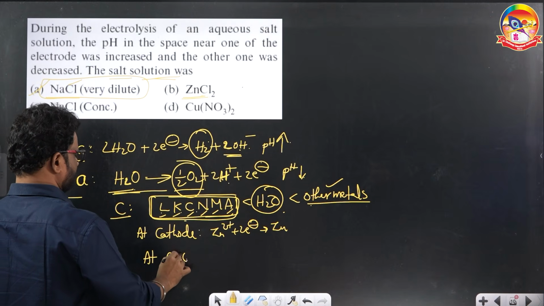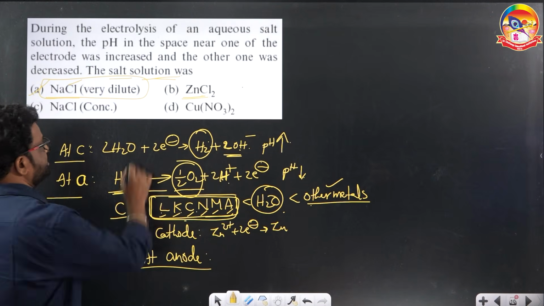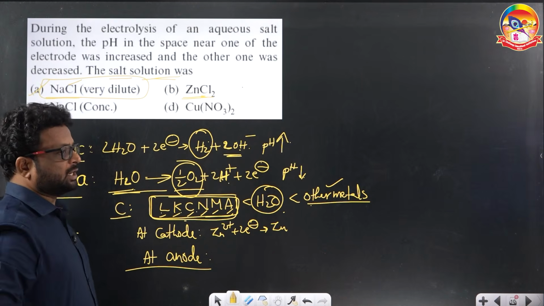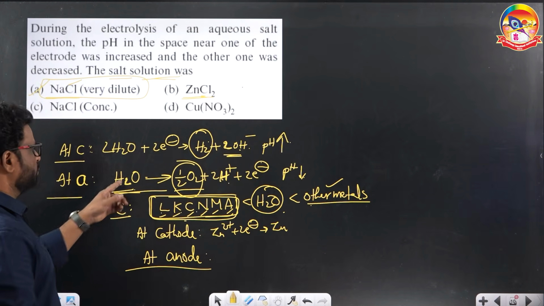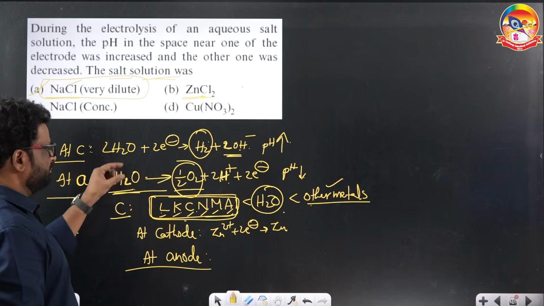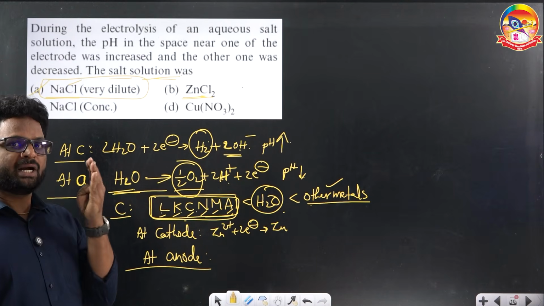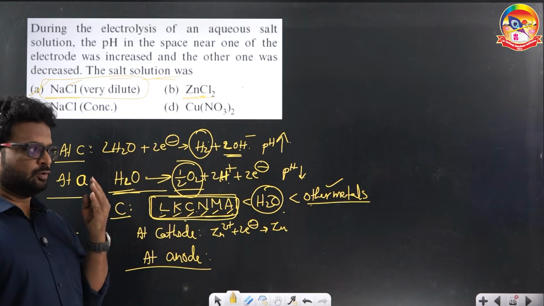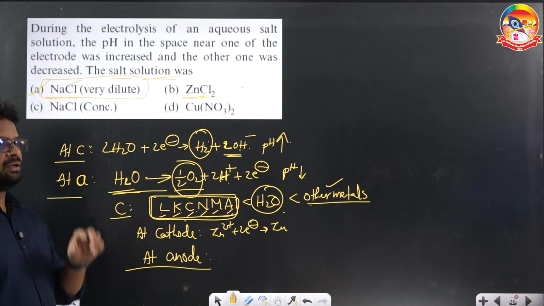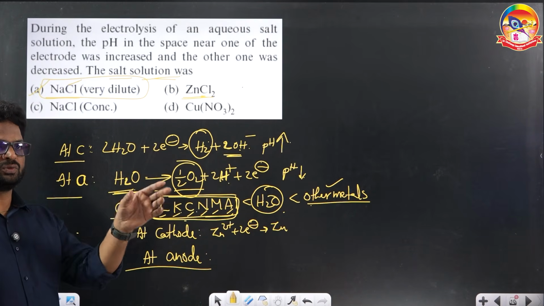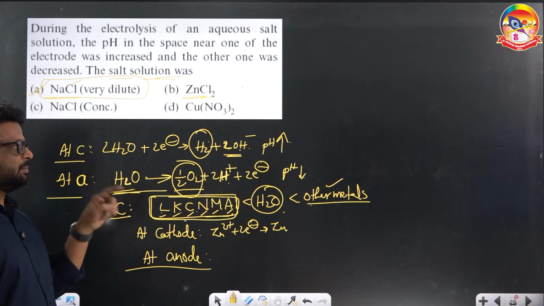Now, at the anode, we need to decide the product. Here also water can compete with the anion to participate in oxidation. If chloride, bromide or iodide ions are present at the anode, those ions have more tendency to undergo oxidation when compared with water.